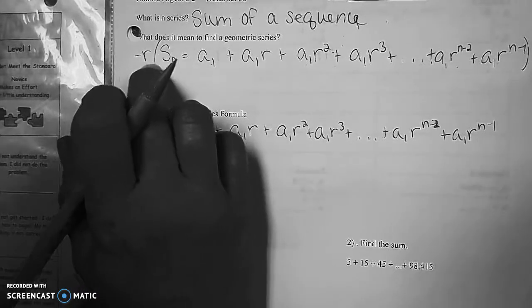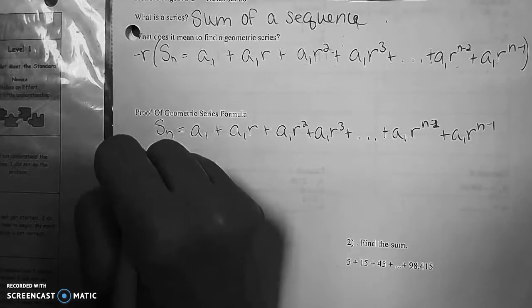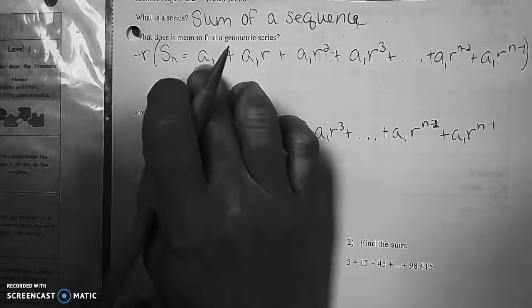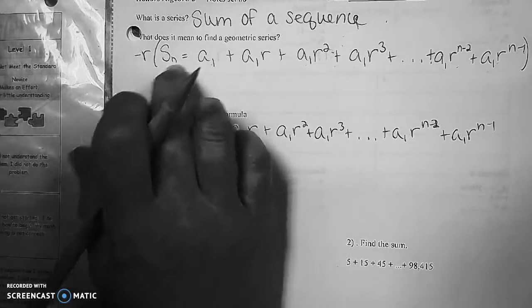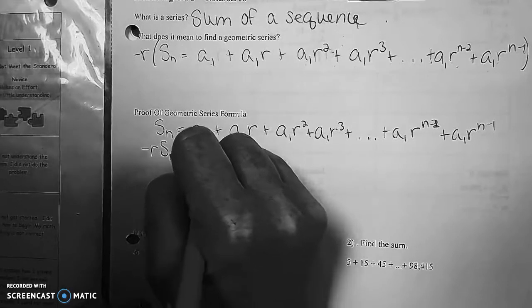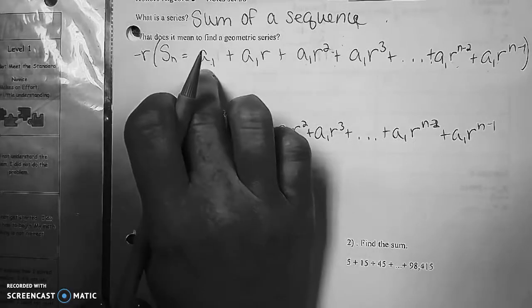Negative R times S sub n would be negative R S sub n equals negative R times A1, which I'll write as negative A1R.